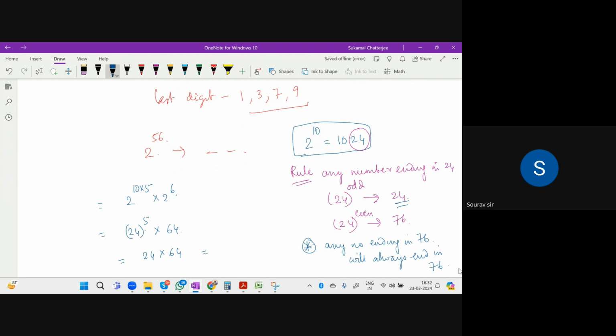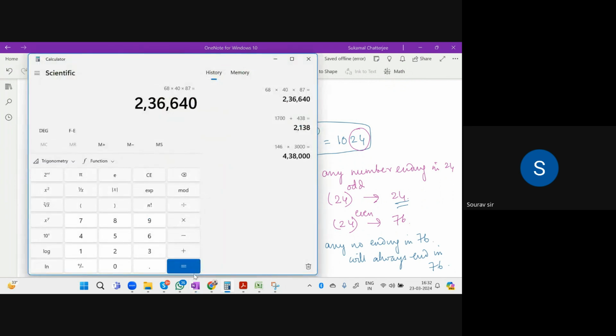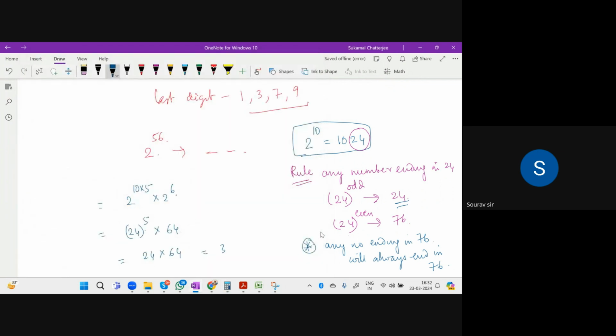Right? So now do this calculation: 24 into 64. 1536. So 36. Clear? Understood? Yes, sir.